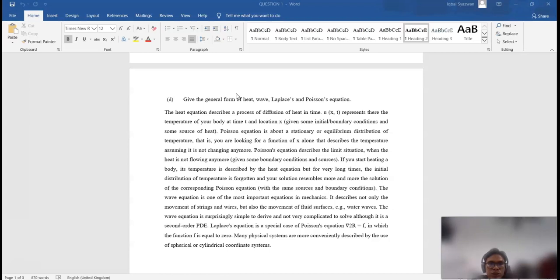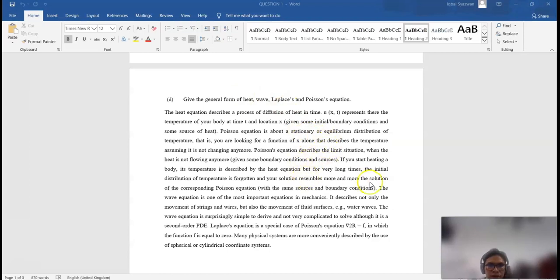The Poisson equation is about a stationary or equilibrium distribution of temperature. That is, you are looking for a function of x alone that describes a temperature, assuming it is not changing anymore.